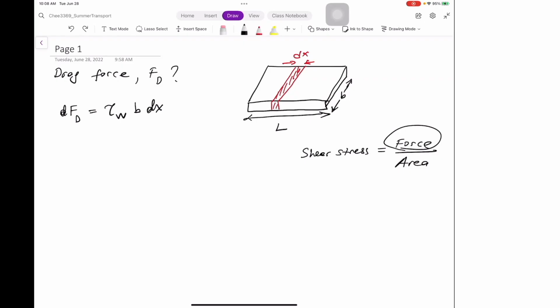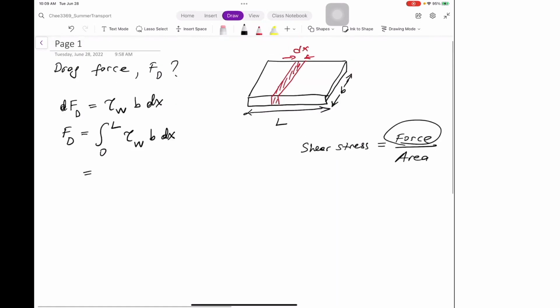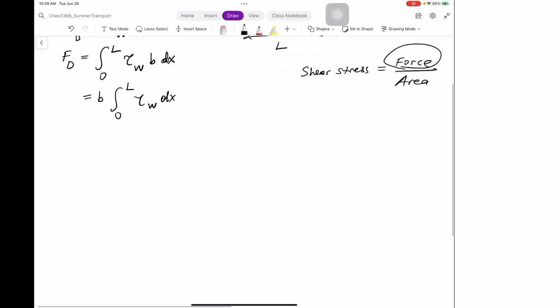And now, if you integrate, you find out that the FD is equal to the integral from 0 to L over x of tau W B dx, right? And since this is a flat plate geometry, B does not change with x, so B, you can take it out of the integral, 0 to L, tau W dx, right?